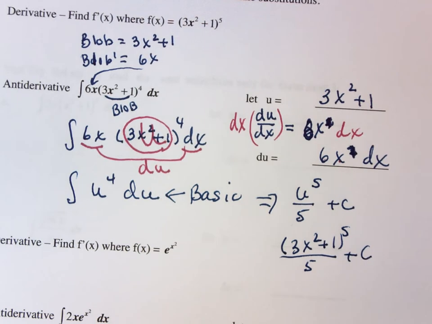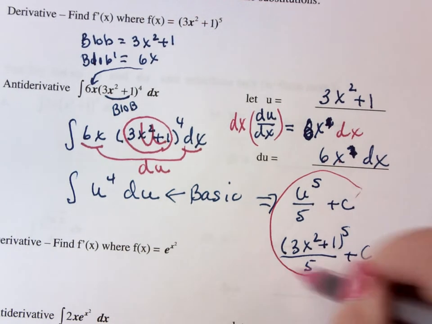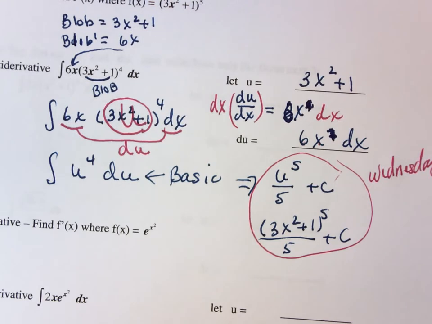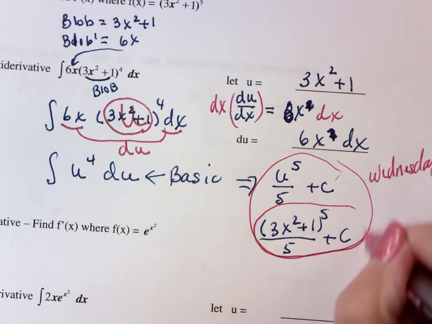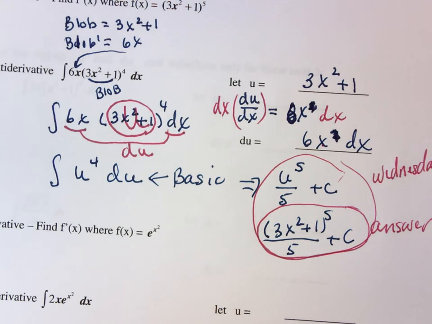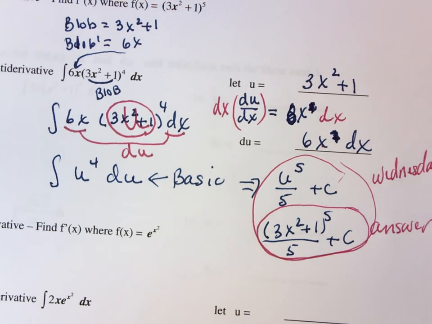So this whole thing right here is the answer. But we have to be able to make the substitution first. You have to realize and visualize and work with it. How do we do this? It's kind of like putting pieces of a puzzle together.